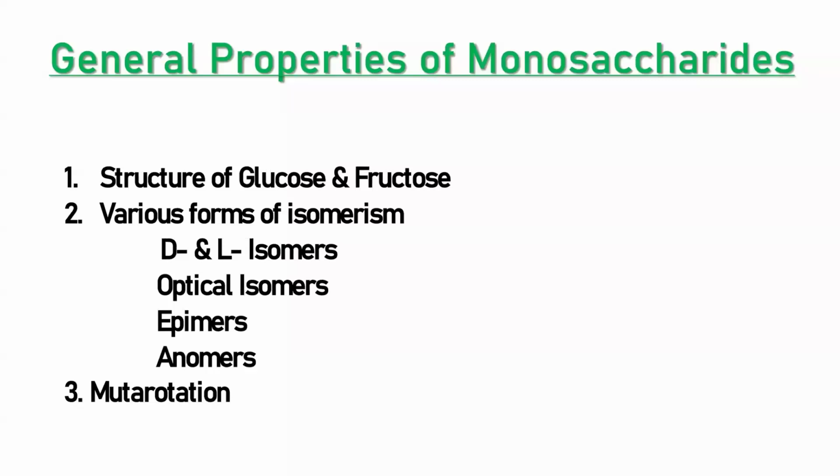And then the next thing that we are going to look at is the general properties of monosaccharides. Under the general properties of monosaccharides, we have the structure of glucose and fructose. We also have various forms of isomerism.